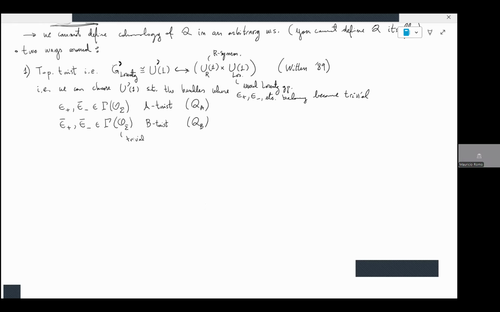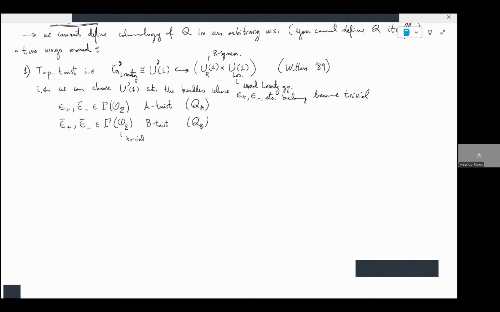Oh, it's just because now you just, okay. I wrote it kind of in the same way that Witten wrote it. There is a more intuitive way of saying it, which is what I'm going to say next. But what you do essentially is you just declare that the Lorentz group of your theory is different. It's a different U1, not the usual U1.